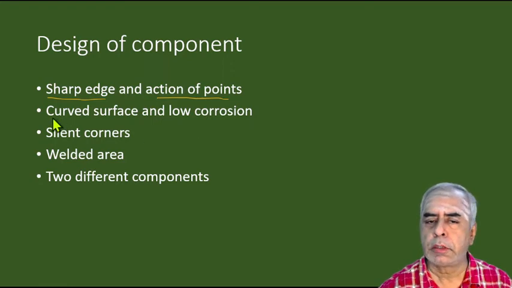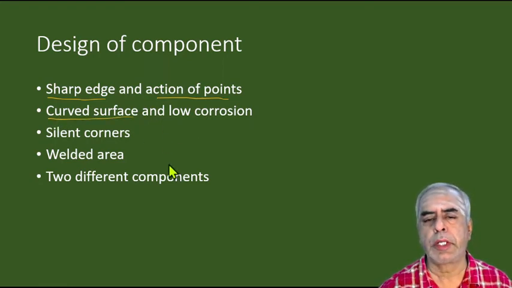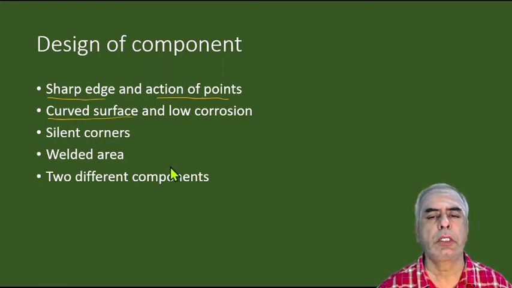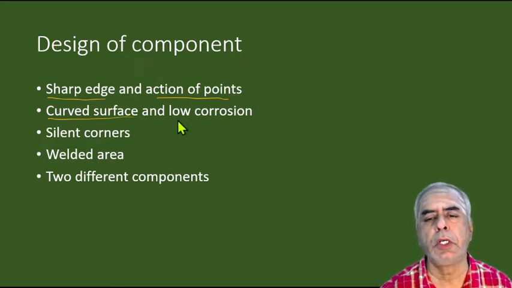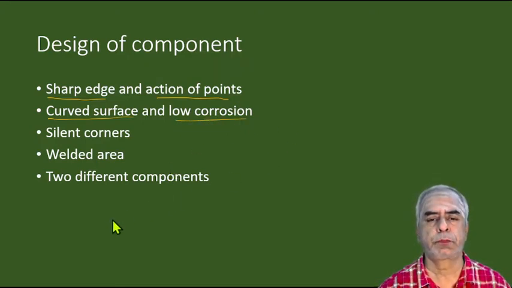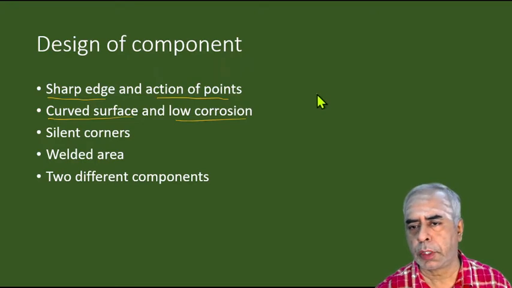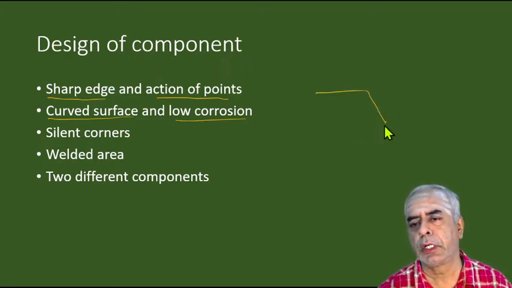And that is why most of the designs nowadays are of curved nature, curved surface, so that we will have lower extent of corrosion. Instead of designing a Jeep like this, you can think of having a shape like this, a curved one.